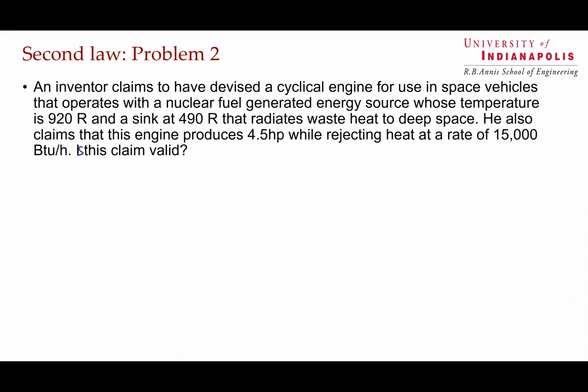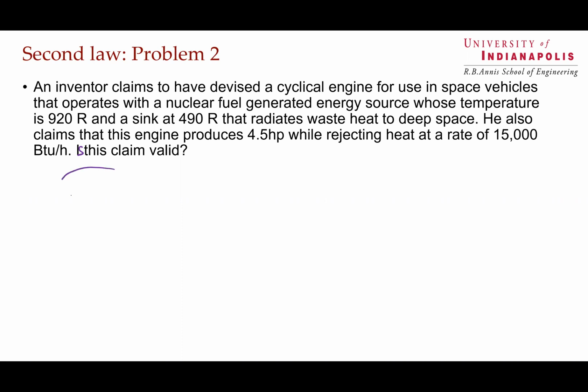Let's see, how do you find whether this claim is valid? Based upon the Carnot principles, let's say you have a reversible engine that should have the maximum efficiency, and a reversible engine is not practically possible. But anyway, if he created a reversible engine, its efficiency should be maximum.